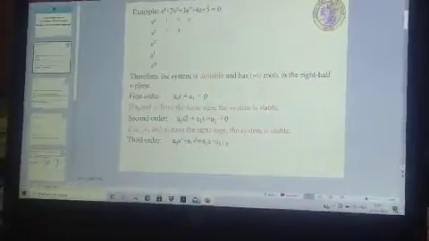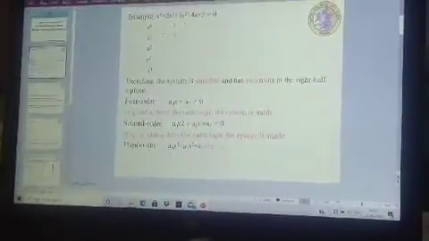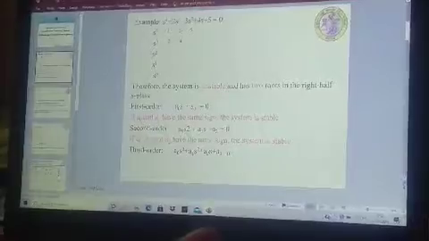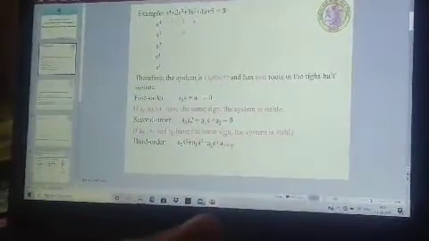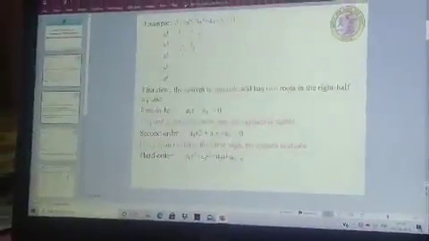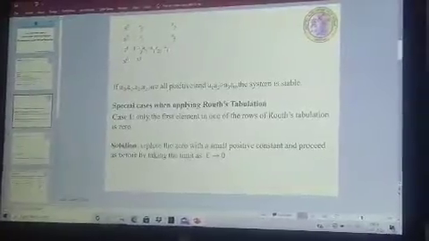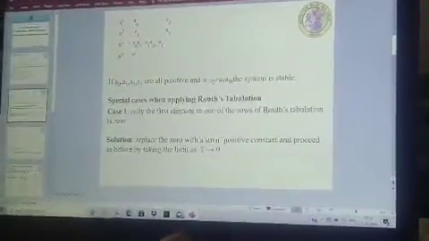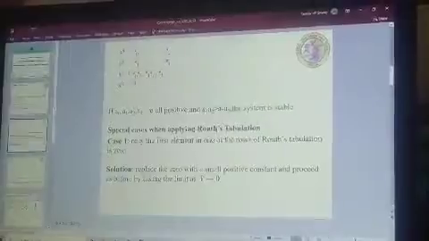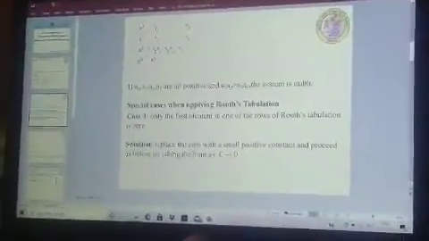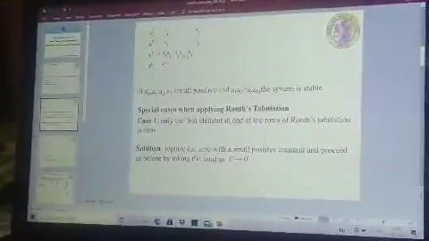Similarly, in a third order equation, A0s cube plus A1s square plus A2s plus A3. Here you are going to solve like this: A0, A1, A2, A3. So you will be getting the coefficients in the Routh table.